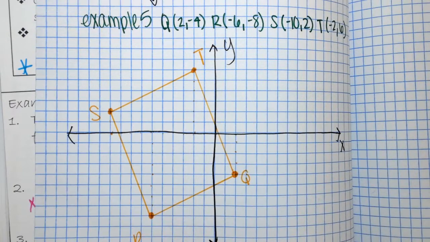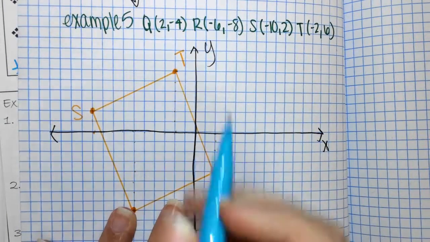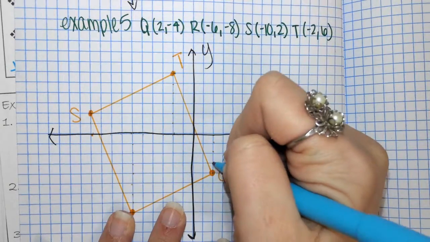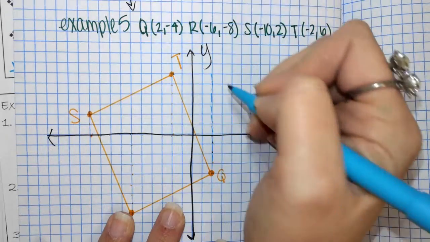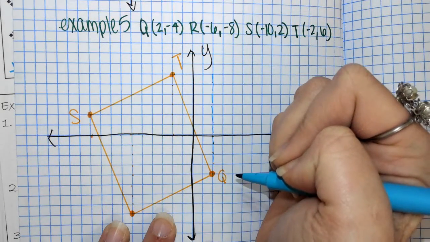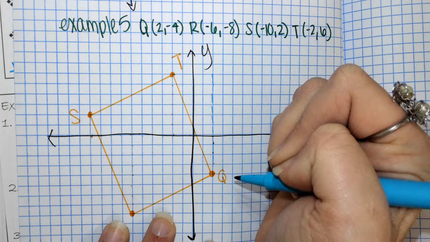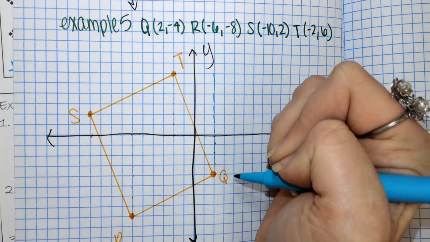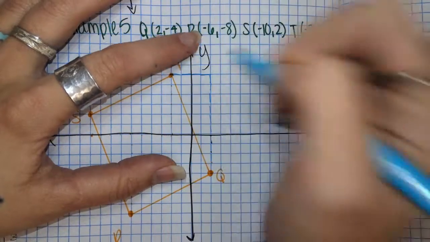Alright, so the first thing I think we should do is find the slope of each of our lines. Now, we could do this super easy instead of plugging it into our formula. We could just count up and to the left. We know it's going to be negative. So count up and to the left from Q to T. I got 10, 4. It's 6 minus negative 4, which is 10. And then 1, 2, 3, 4.